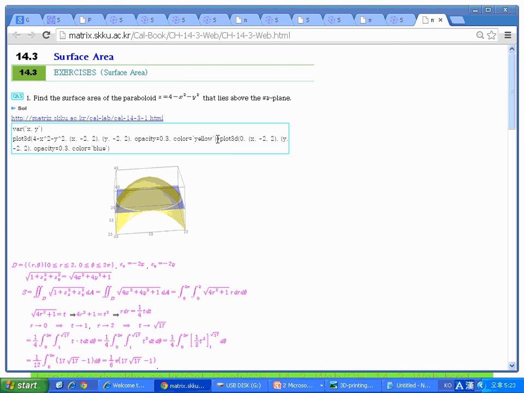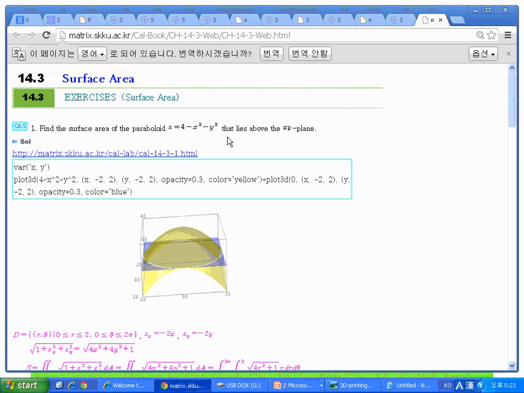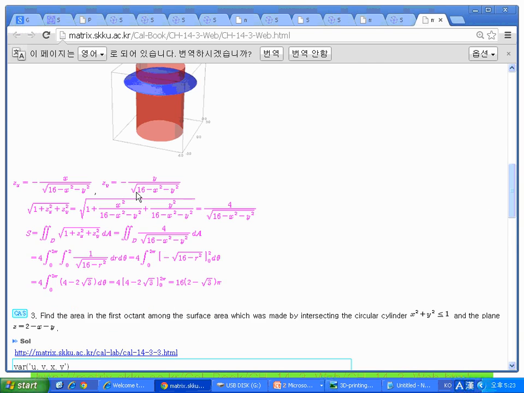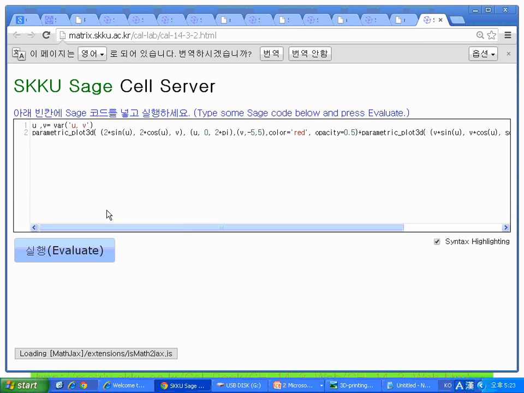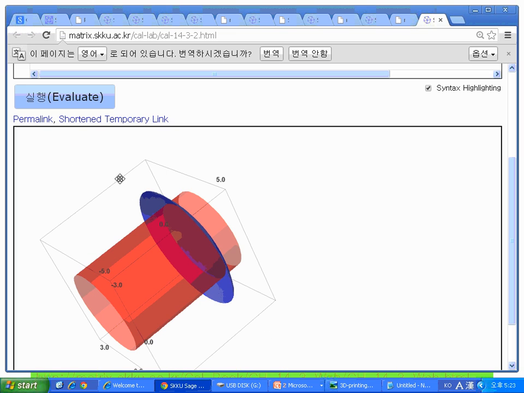Section 14.3 has the examples and the exercise problems in here, with solutions and problems with code to do simulations like this.